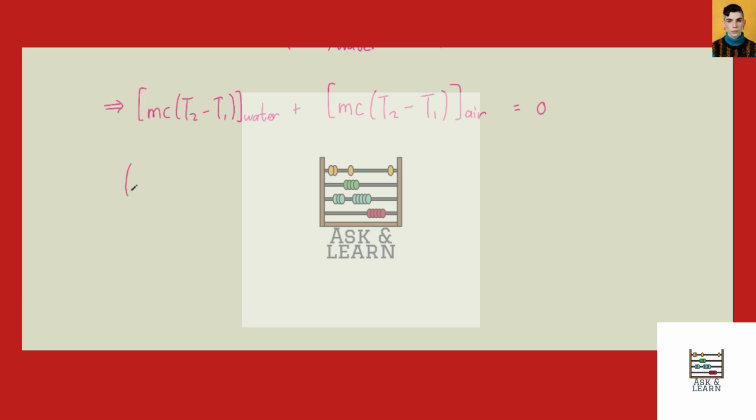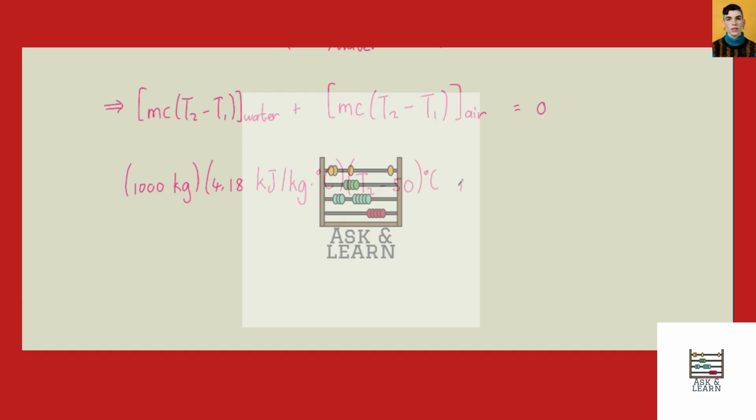We get the mass of water, 1000 kg, times its specific heat at room temperature, 4.18 kilojoule per kg degree Celsius, times the temperature change of T2 minus the initial temperature of 50, and that's degrees Celsius.